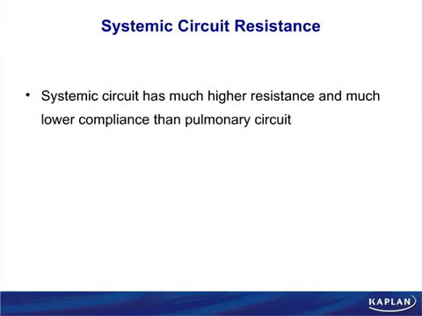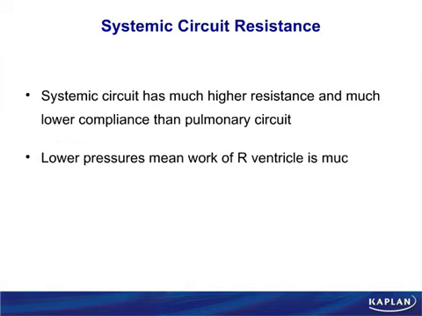All right, systemic circulation has a much higher resistance and much lower compliance than the pulmonary circuit. We'll talk more about the pulmonary circuit much later, but one of the big aspects of it is the pulmonary circulation has a lot more compliance than the systemic circulation, and it has a lot lower resistance.